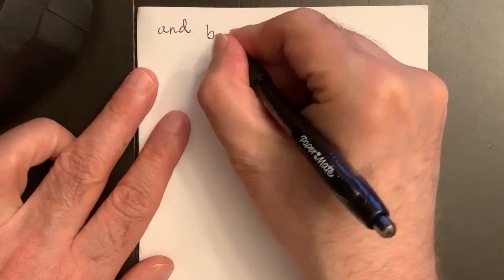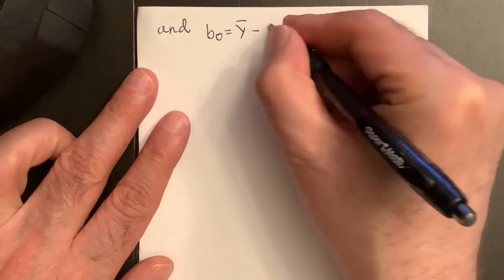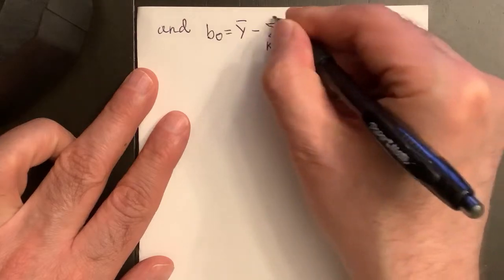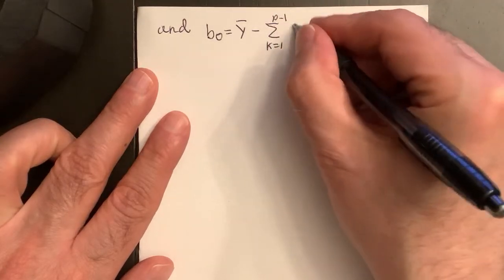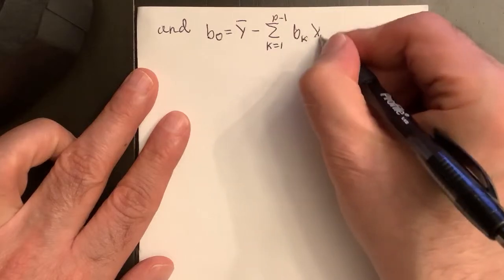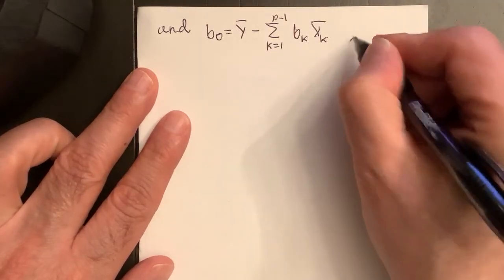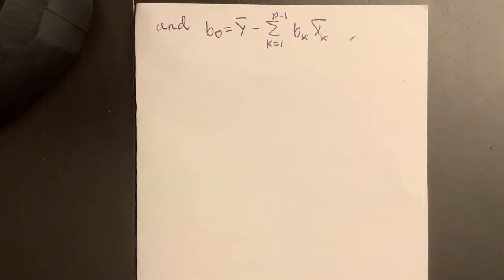So b0 is just equal to y bar minus the sum from k equals 1 to p minus 1 of bk times xk bar, because the means of all the variables have to lie exactly on the regression plane. Okay, so you can get little b0 back that way. It's interesting, right? You don't need to actually use the lm command to find the little b's.